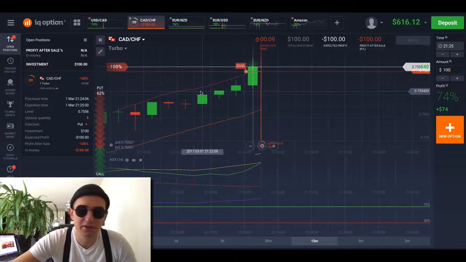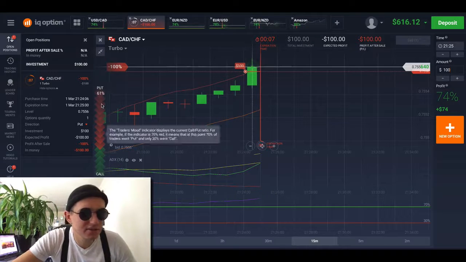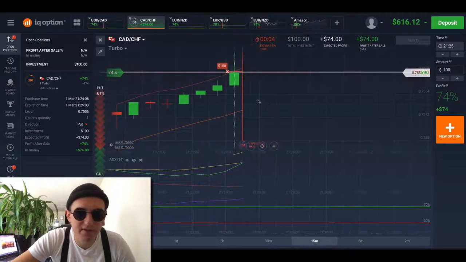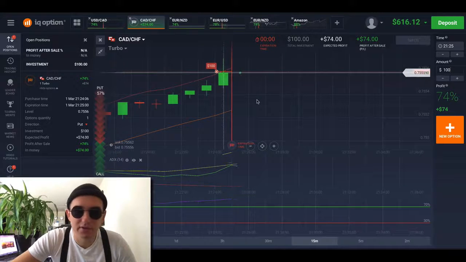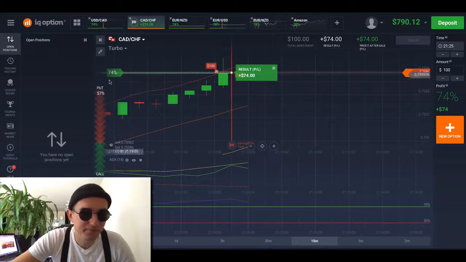You can sell it within the first several seconds, I think, because right now it doesn't give us this option, but still I think it is a really nice feature.